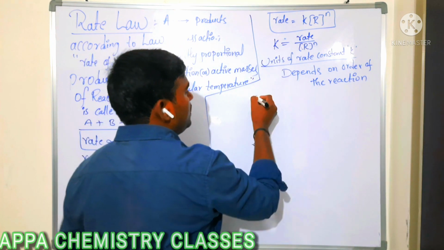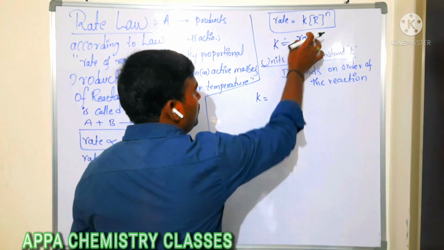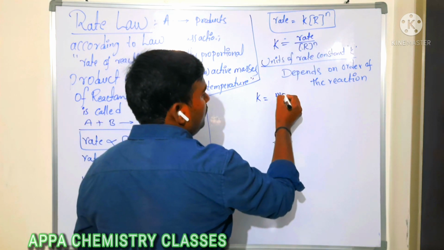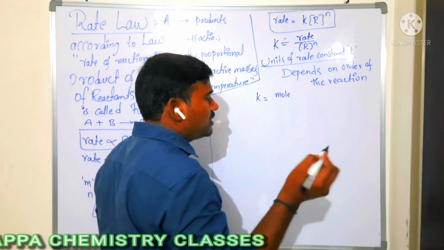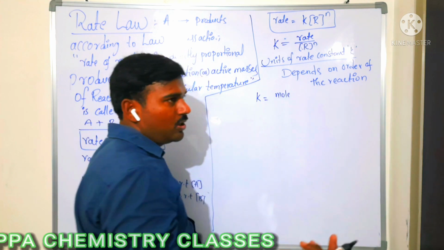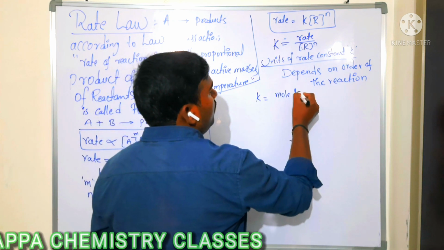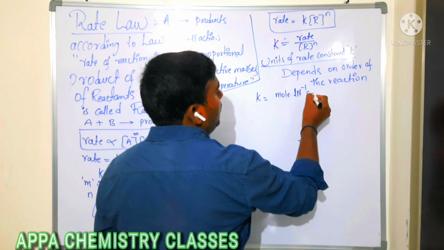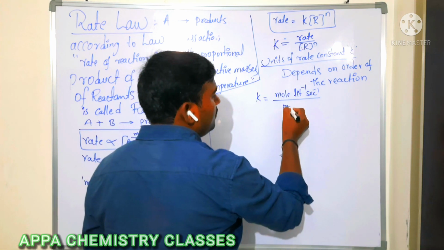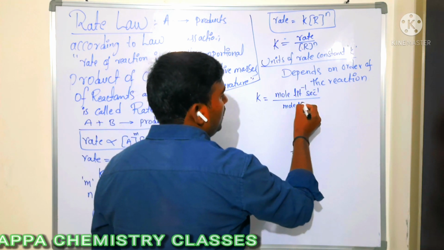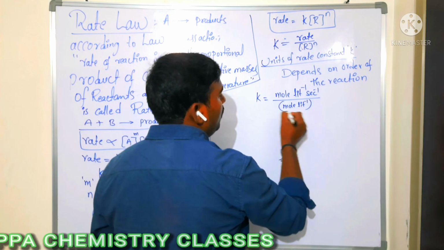Now see the units here. So k is equal to rate divided by concentration to the power n. The units of rate we saw in the first video; you can check that video if you have not watched it. They are mole per liter per second. The units of concentration are mole per liter, whole power n.